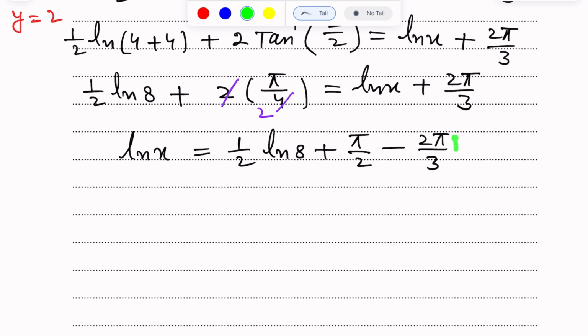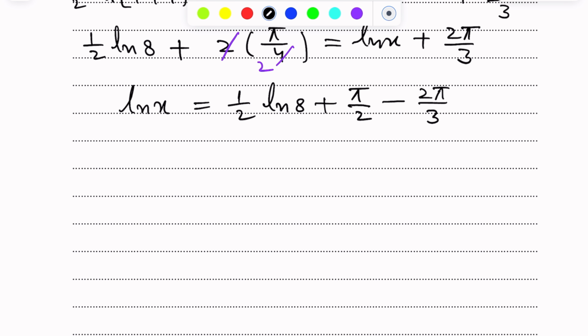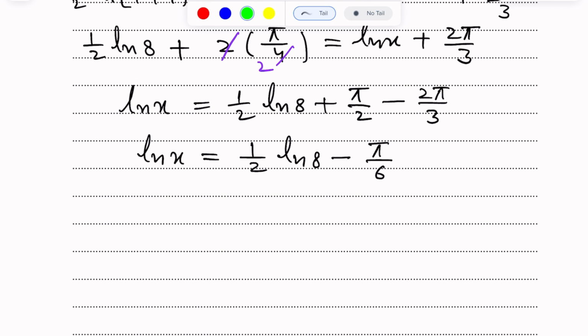Now simplifying by taking LCM, these two terms give pi by 6. So finally log x will be 1 over 2 log 8 minus pi by 6.